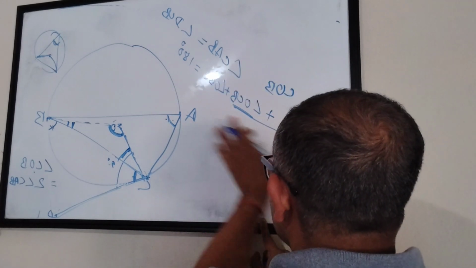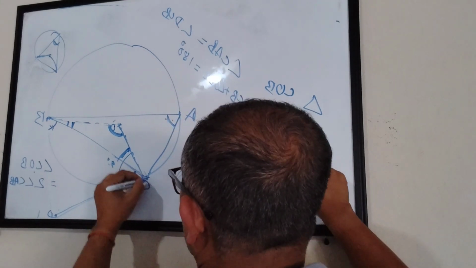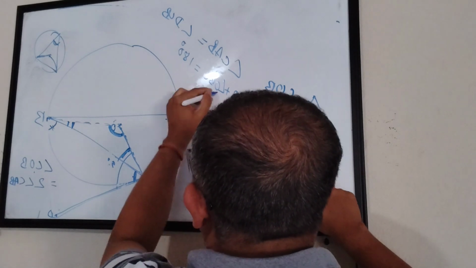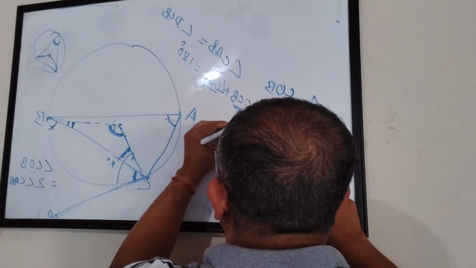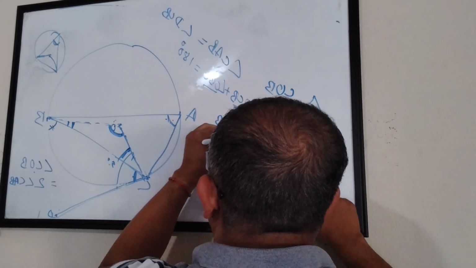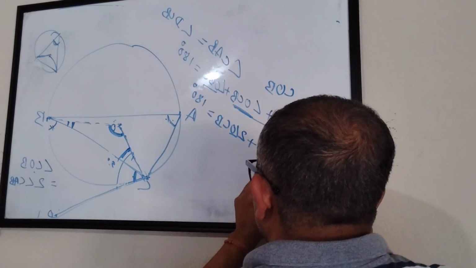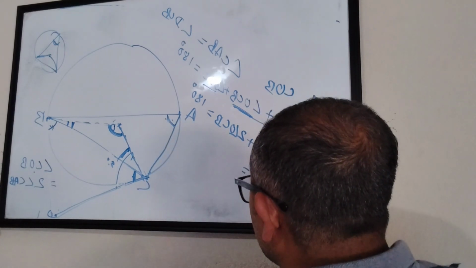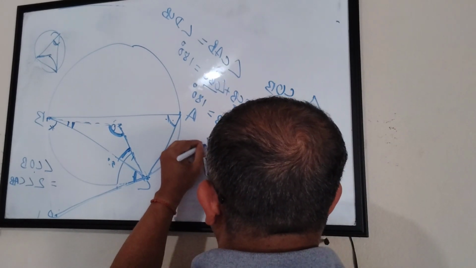So I can change this equation and say angle COB plus OCB and OBC, both are same. This angle and this angle are same. So I can say 2 times angle OCB equals 180 degree minus angle COB.